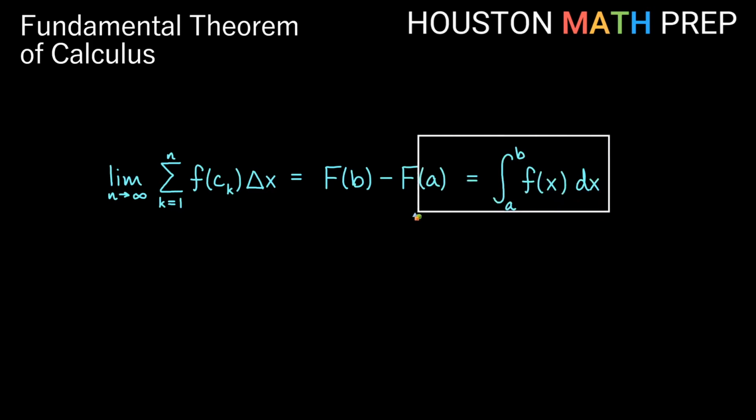So this statement here tells us the exact area underneath f of x dx between the axis and the function on the interval x equals a to x equals b is simply going to be the antiderivative with the right endpoint plugged in minus the antiderivative with the left endpoint plugged in. And this is one of the statements of the Fundamental Theorem of Calculus, that the area under a curve on the interval a to b for x can be calculated using the antiderivative, plugging in b, then subtracting what you get when you plug in a.